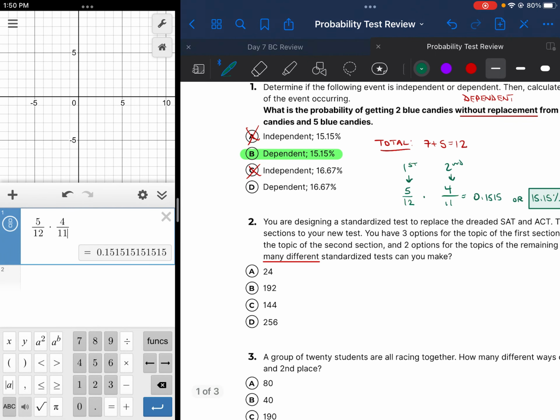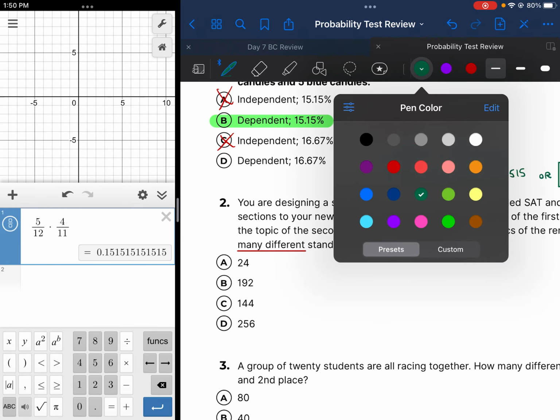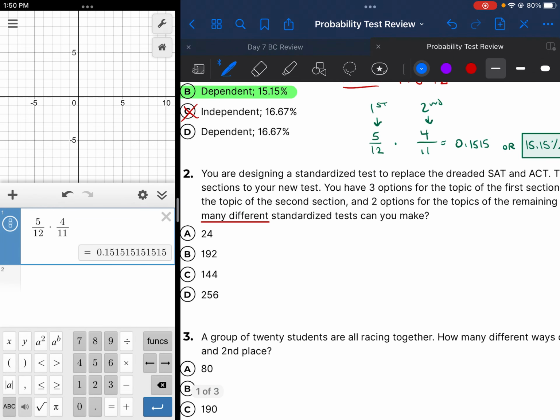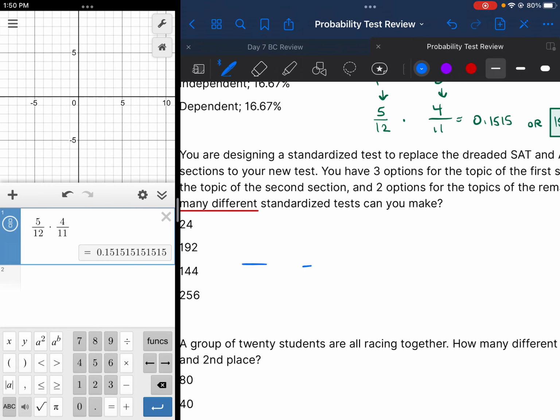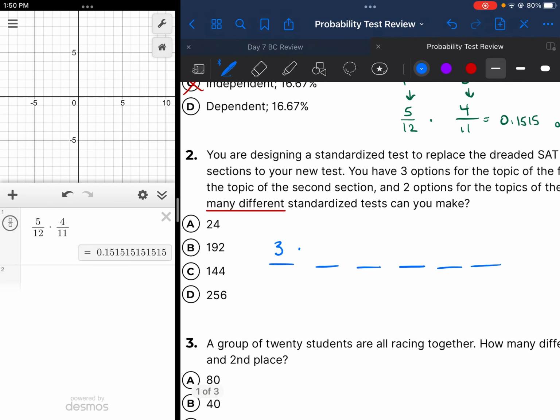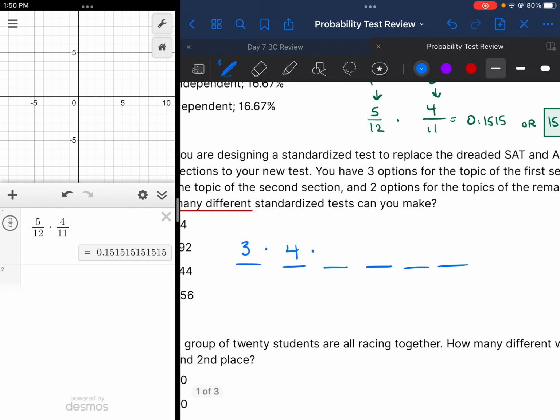So let's go ahead and just set up that fundamental counting principle problem. So there's going to be 6 sections on this test. That means there are 6 things that we're going to multiply together. You have 3 options for the topic of the first section, 4 options for the topic of the second section, and then 2 options for the topics of all the remaining sections.